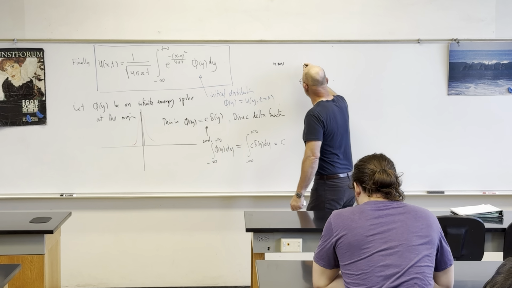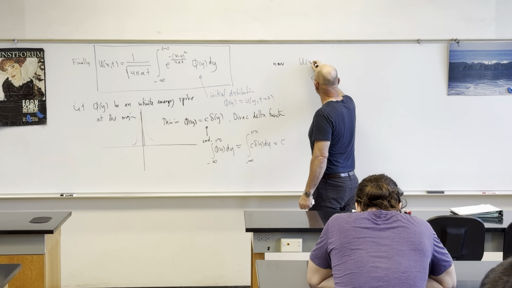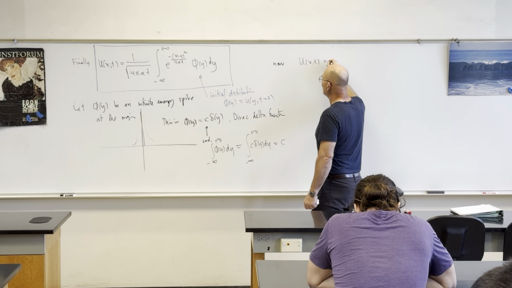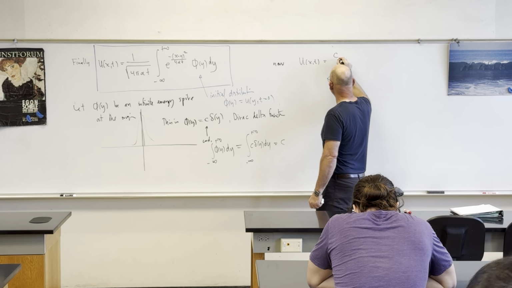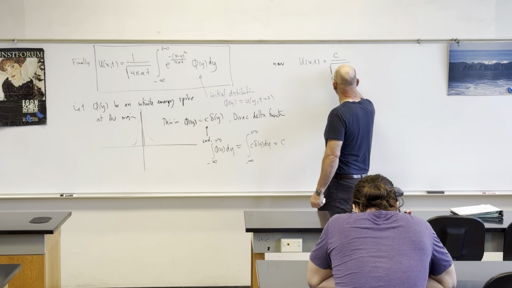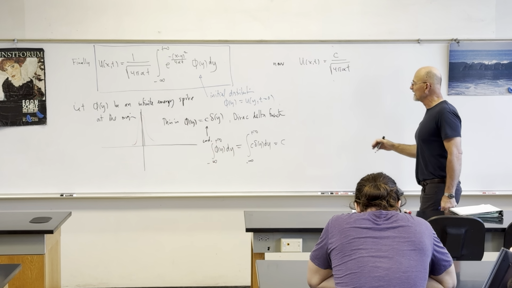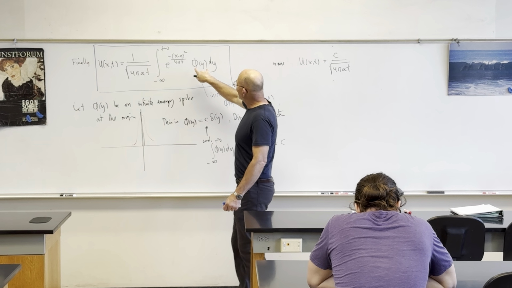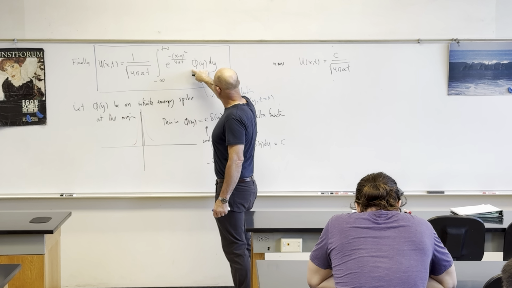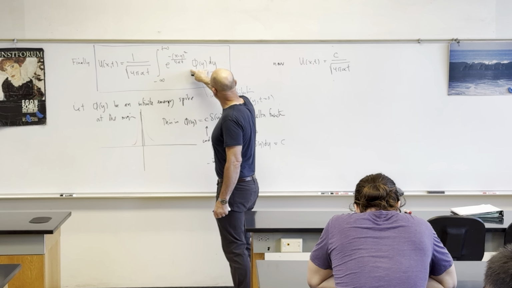Now what we have is u(x, t) equal to c divided by root 4 pi alpha t. So that's the c that just came from putting that spike in there, and that spike exists where y is equal to 0.